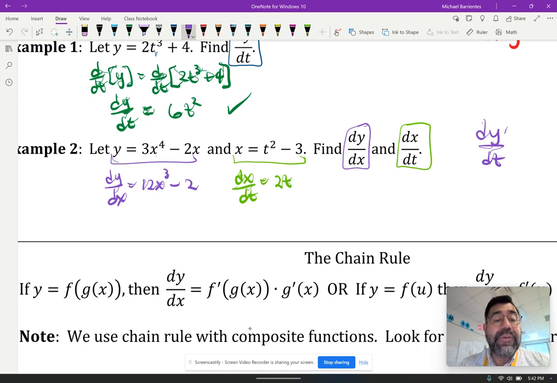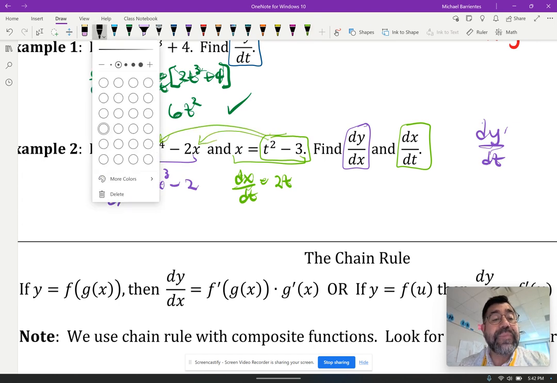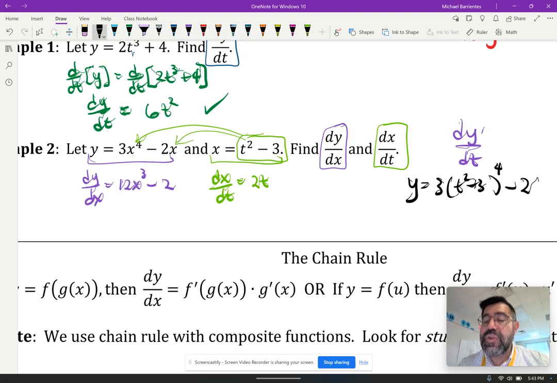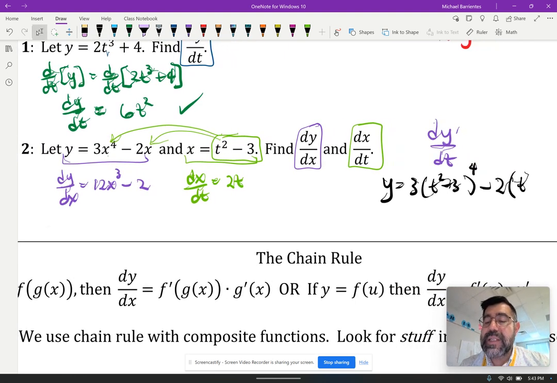However, if I were to take this whole expression that x equals and replace it wherever I see an x, then I would get y equals 3 times t squared minus 3, the whole quantity to the fourth power, minus 2 times t squared minus 3.